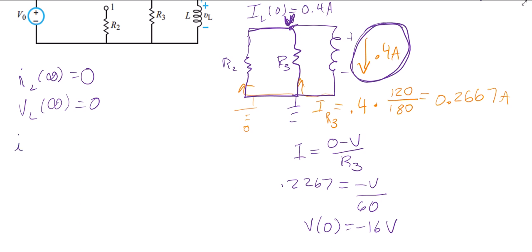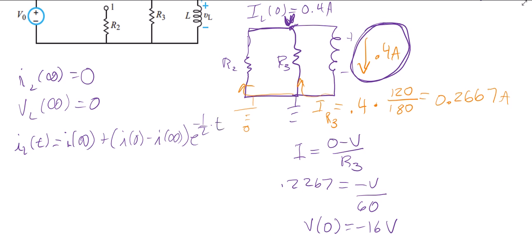So for IL of t, this is where we use that equation we were using, the capacitor version, but the same one really: I at infinity plus I at 0 minus I at infinity, times e to the minus 1 over tau times t. Oh, we have not found tau yet.